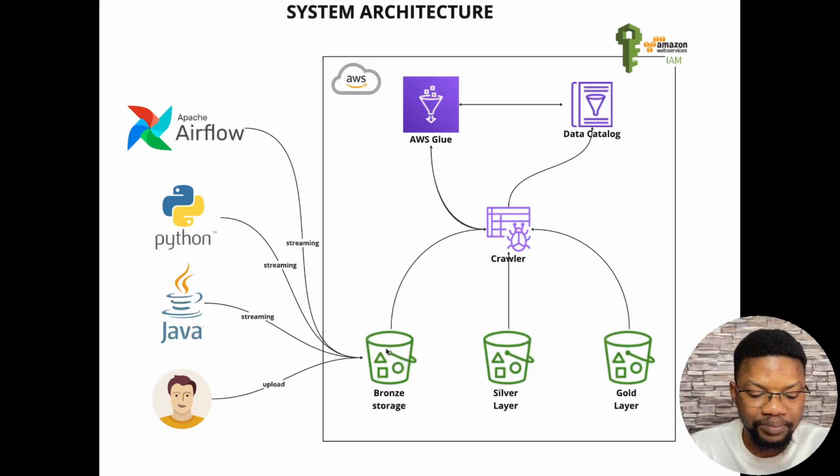Once data gets in here, we're going to have an AWS Glue crawler that is going to be crawling information from here and using that in AWS Glue to create a data catalog for us, so we can see tables and databases on our AWS Glue. But the challenge with the AWS crawler is that we have a minimum time of 5 minutes.